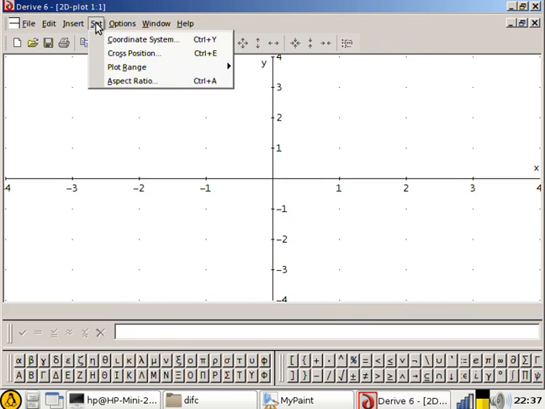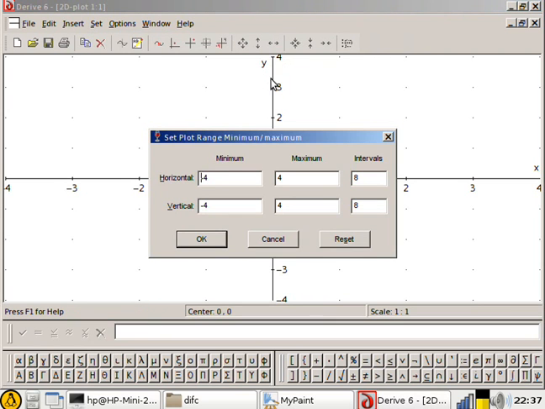Now I'll have to set the range here. So this graph goes from 0 to 15. So just to make sure I can see it all, I'll go from minus 1 to 16, and we'll go from minus 1 to, let's see, we'll say 57.